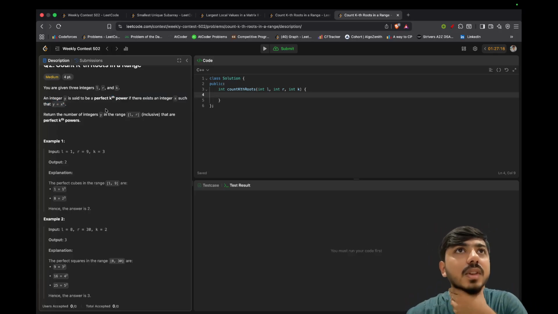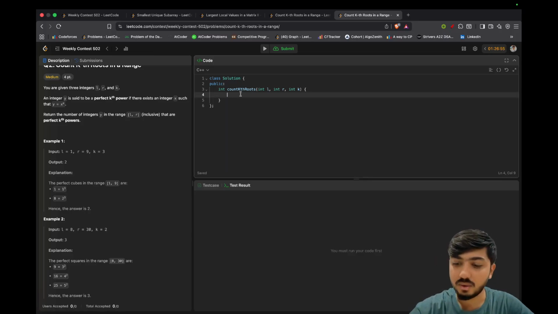I'm thinking something of binary search. We'll find the largest x, what we want, we find the largest y and we find the smallest y. How does it look?